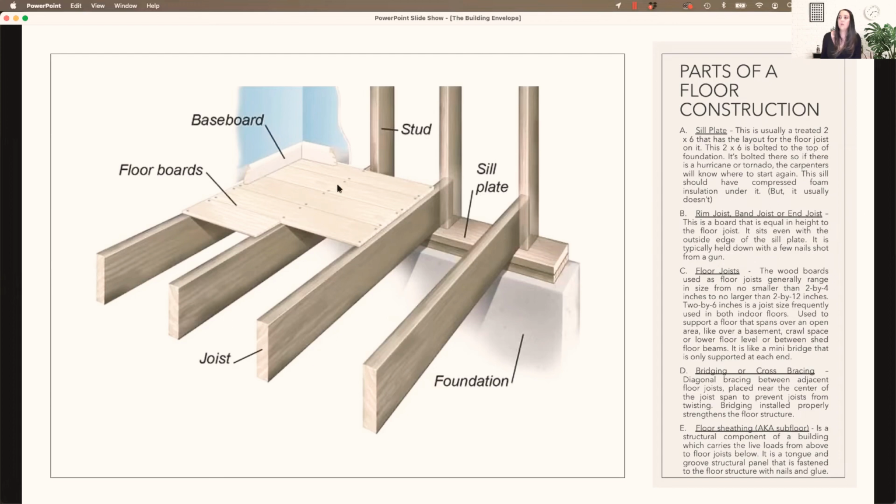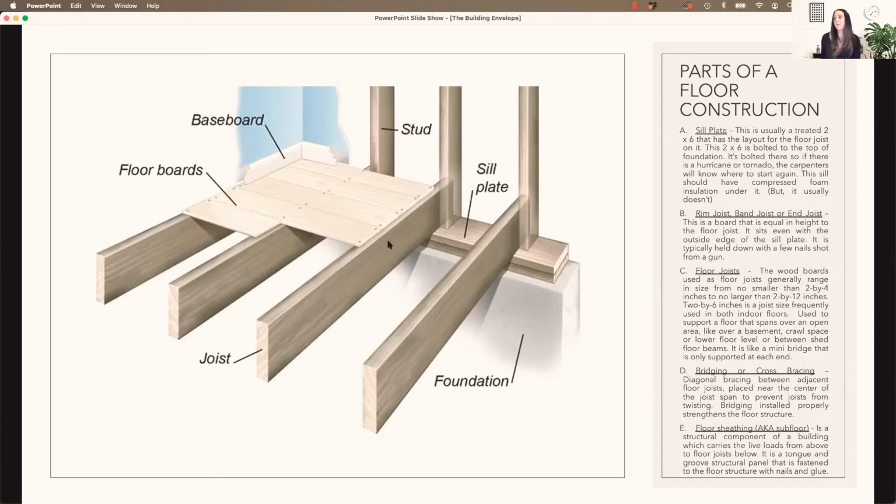And then you have your studs here. This is your stud wall framing, and then you have your floorboards or subfloor here. They're showing baseboard in this image, but you would have a finished floor surface before you would install baseboard into a room.